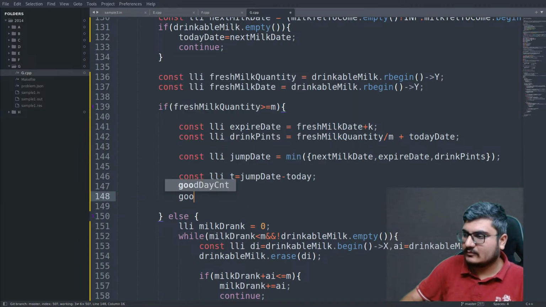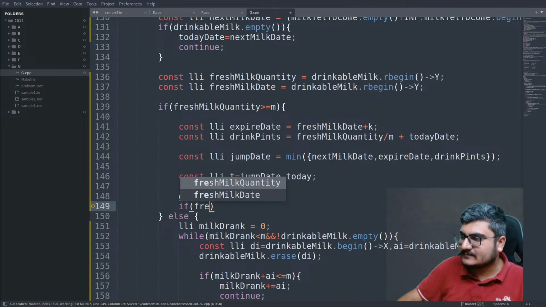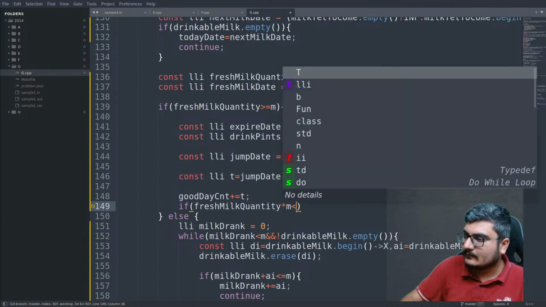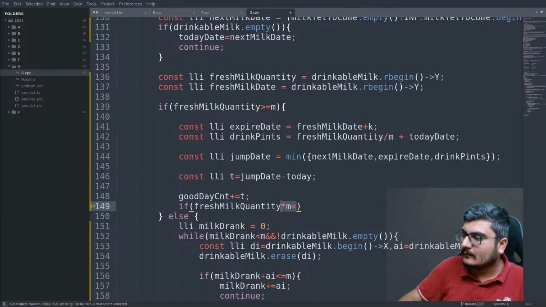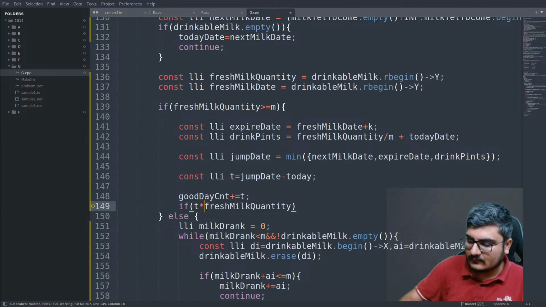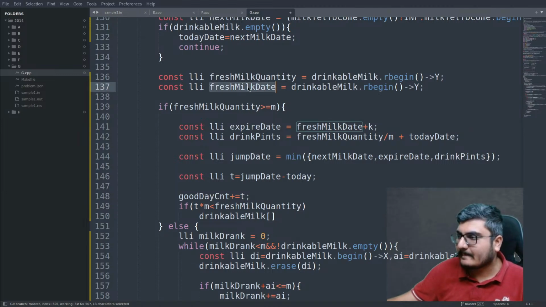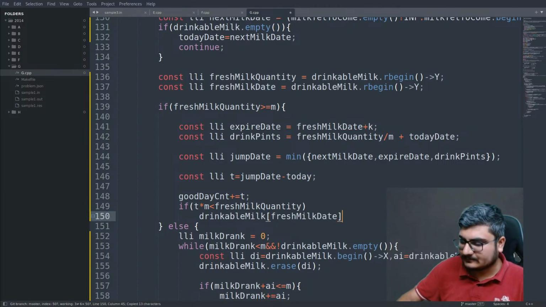So good days count plus equals t, and if any milk remains, then we can say drinkable milk for this date would be, there would still be some milk.